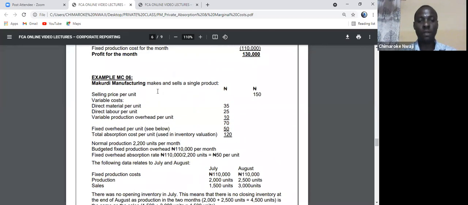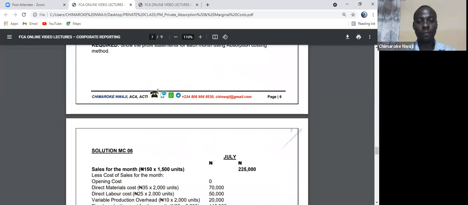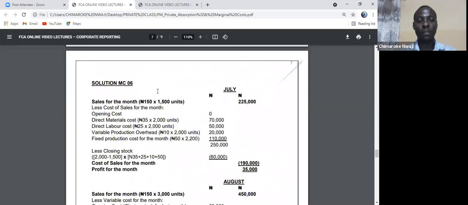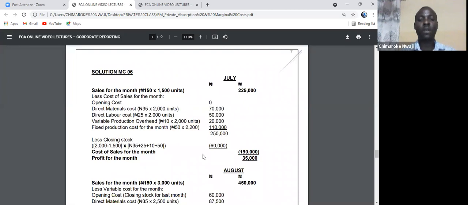Hold on. The closing stock here is big here, and it reduces your cost of sales for the month so much.